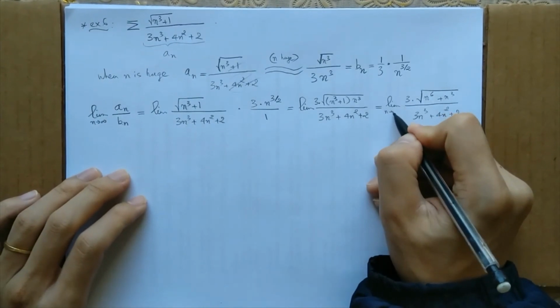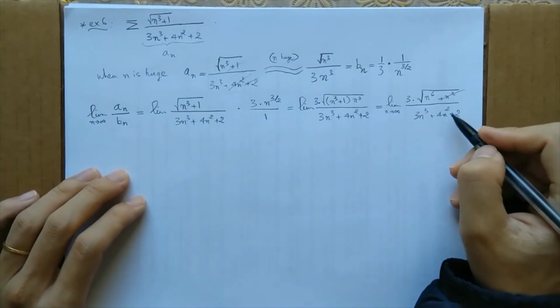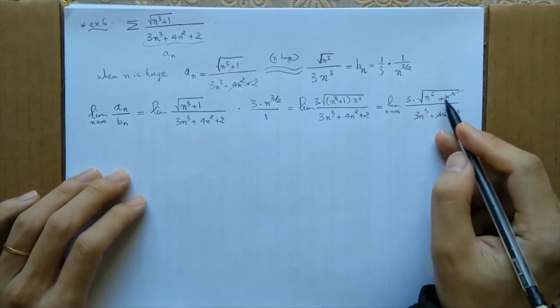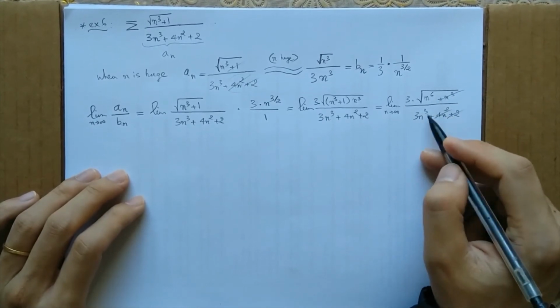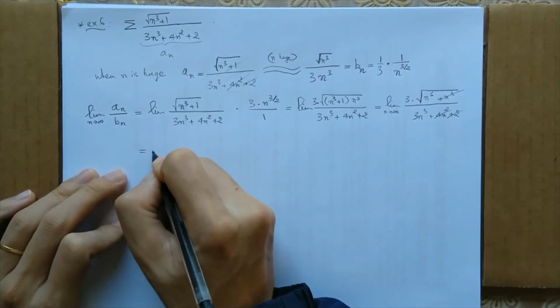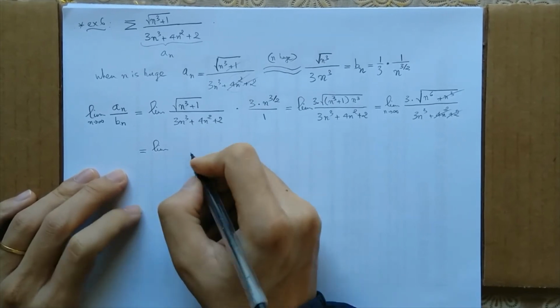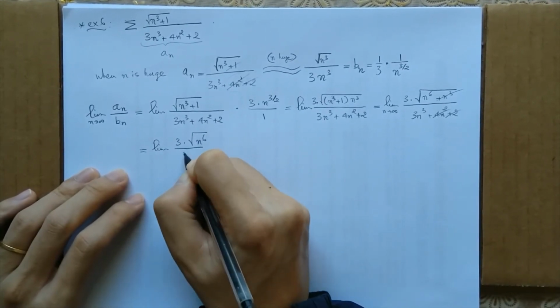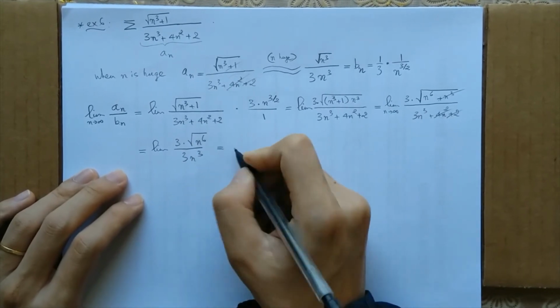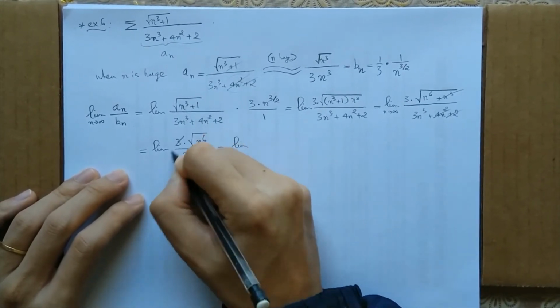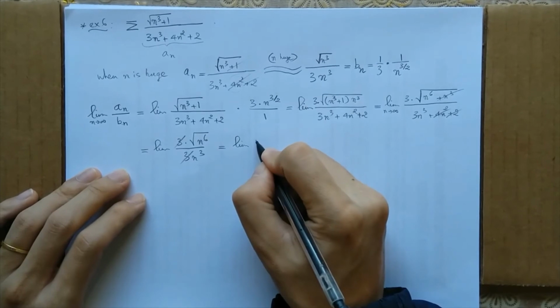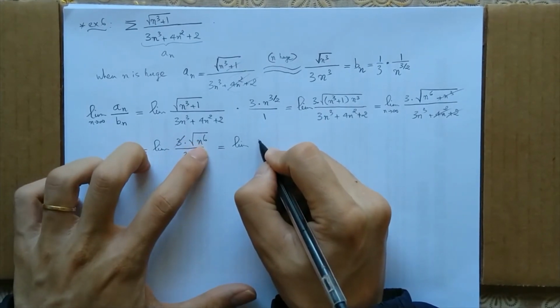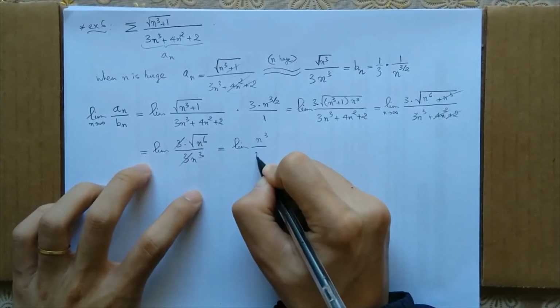Now when n goes to infinity, this is nothing, this is nothing, this is nothing compared to the biggest one on the top and the biggest one down the bottom. So this is going to give you limit 3 times the square root of n to the 6 over 3 times n cubed, which turns out to be, so you can cancel the number 3 and you get the limit of the root of n to the 6 over n cubed.